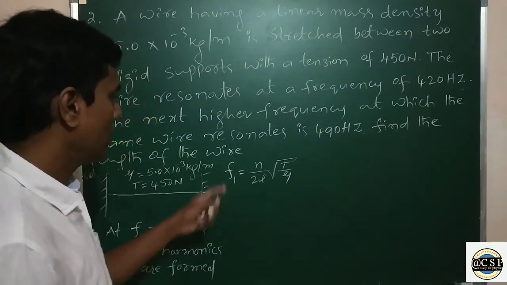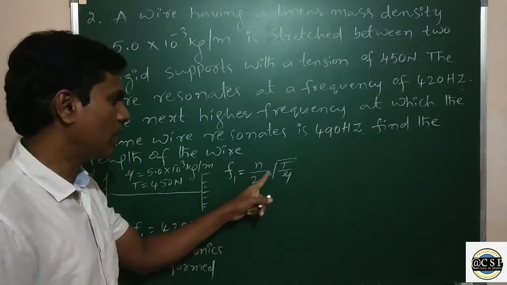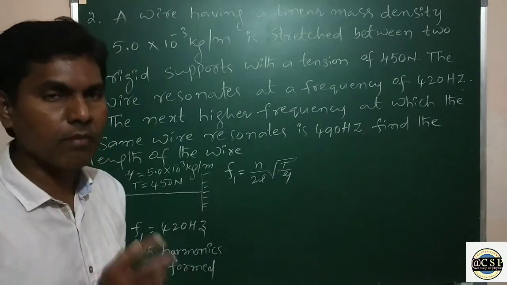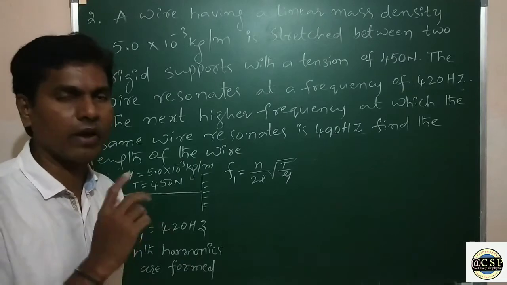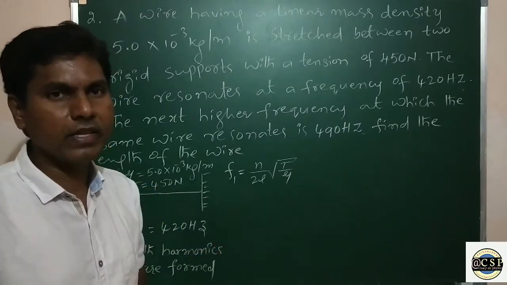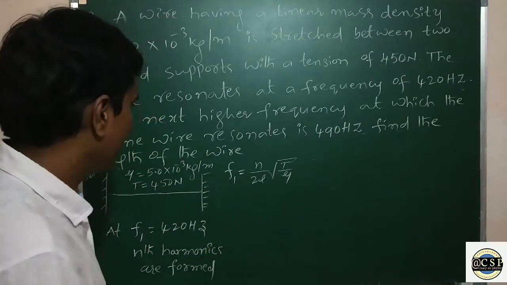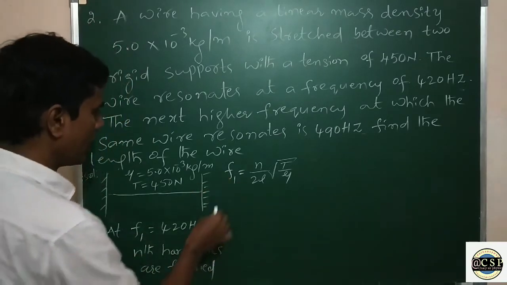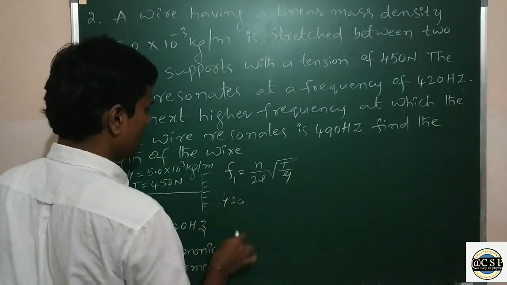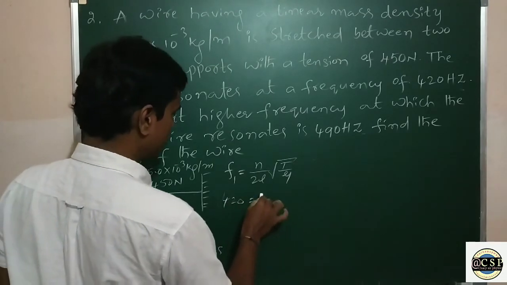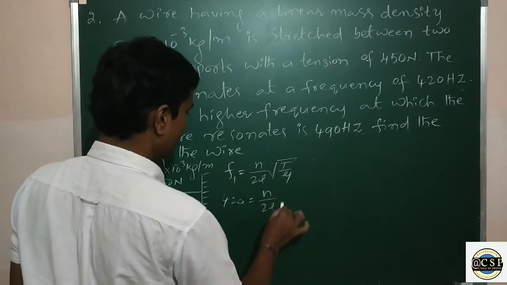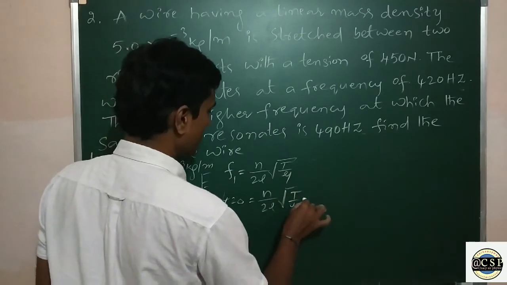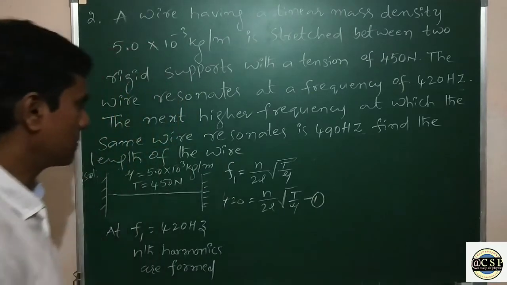Here F1 is equal to N by 2L root T by mu, where N is an integer, the number of harmonics formed after vibrating the string between the two rigid supports. So what is F1? F1 is 420 Hz, that is 420 equal to N by 2L root T by mu. This is the first equation.